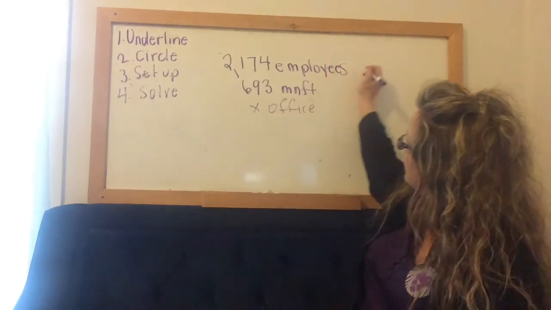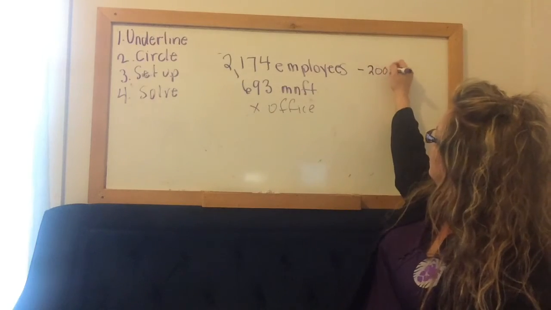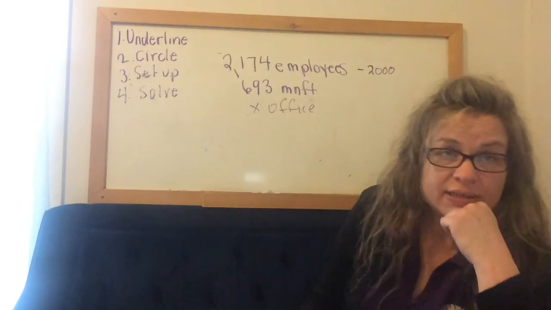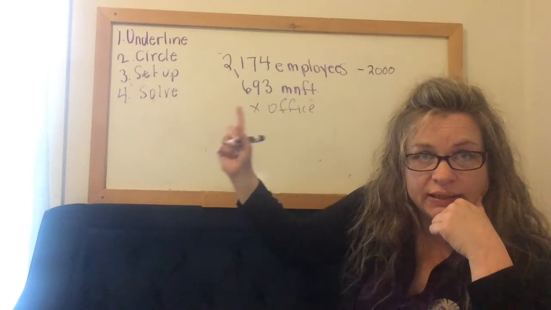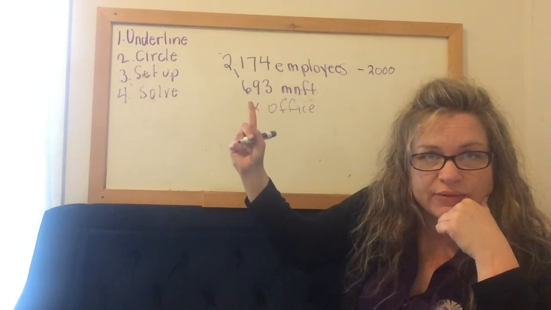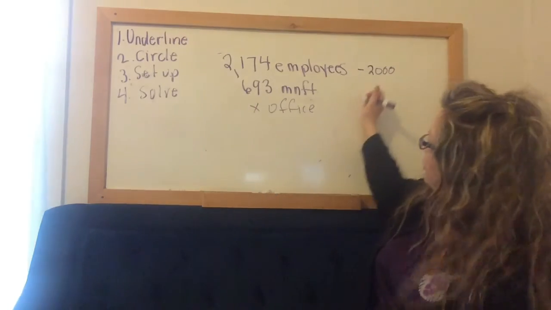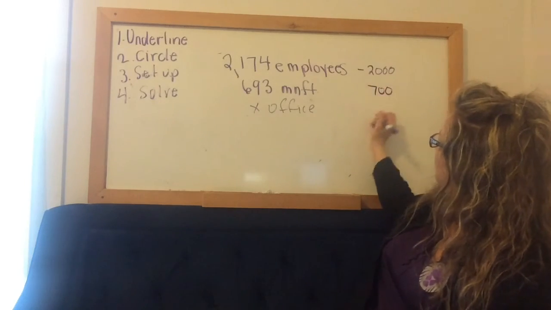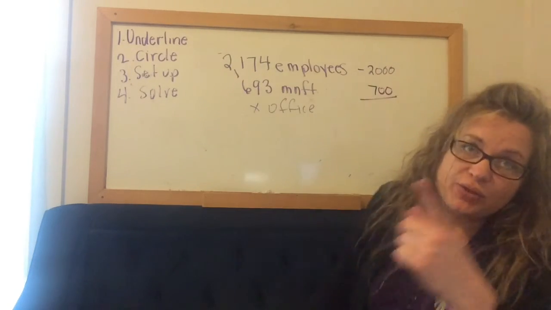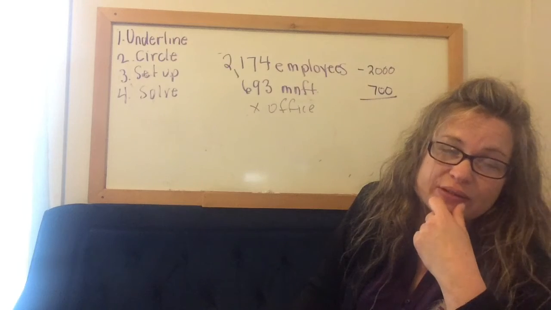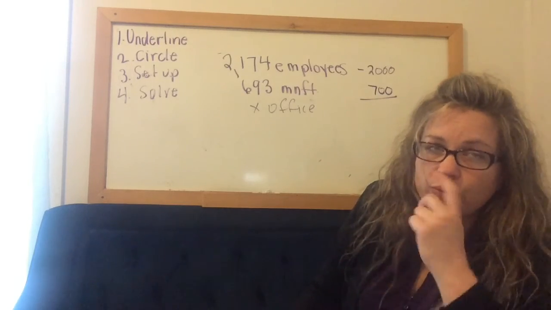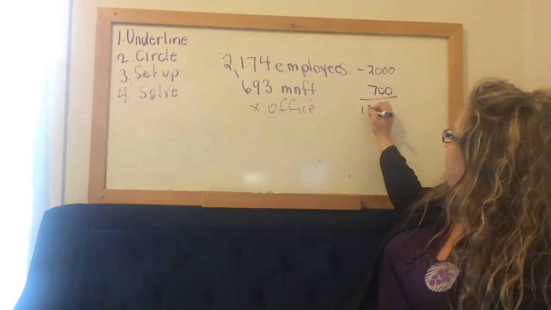I'm going to say that this is 2,000. Looking at 693 people in manufacturing, I'm going to use the 9 to round the 6. 700, you got it. If I do this rough estimate and I use 2,000 and I take away 700, roughly that leaves me with 1,300 people.